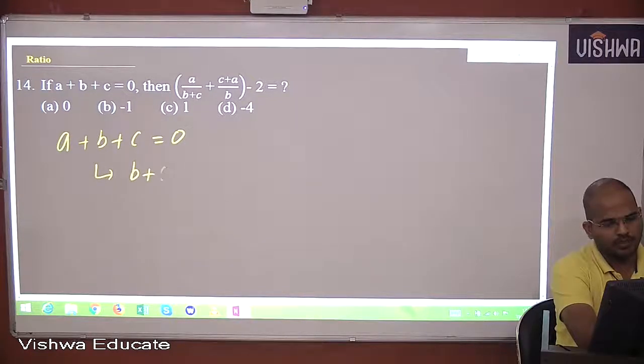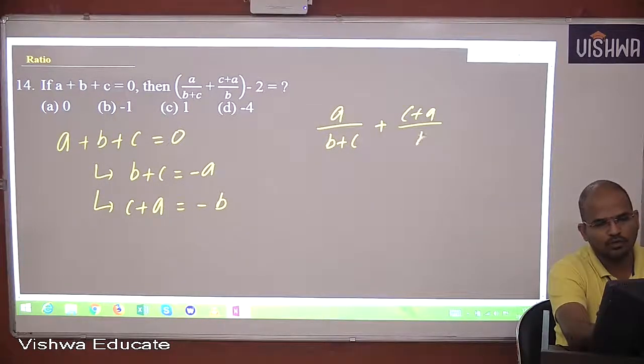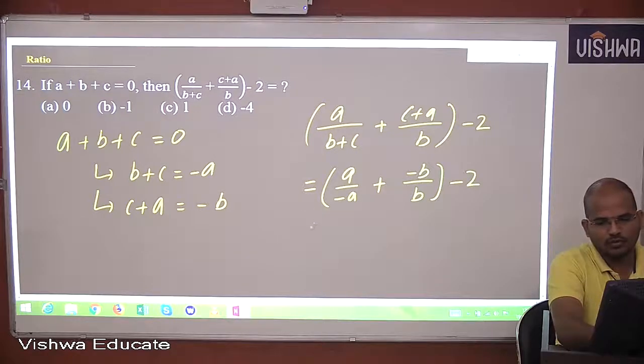I can write down B plus C is negative A and C plus A is negative B. So A over B plus C plus C plus A over B minus 2. So this is A over negative A, negative B over B, minus 2. So this is negative 1, negative 1, negative 2. This is negative 4.